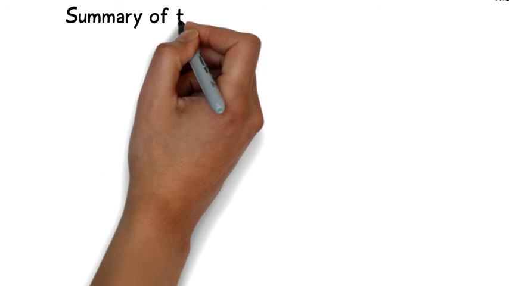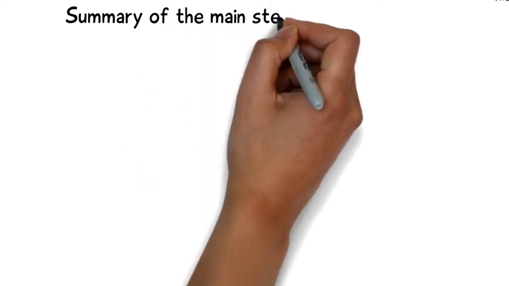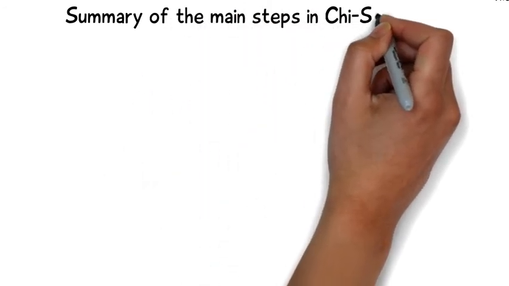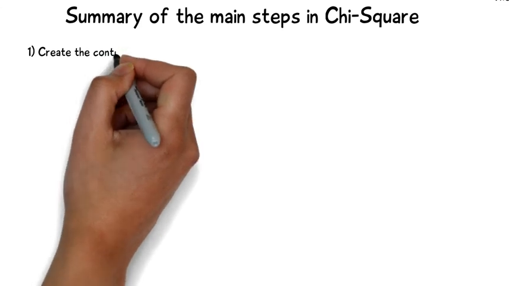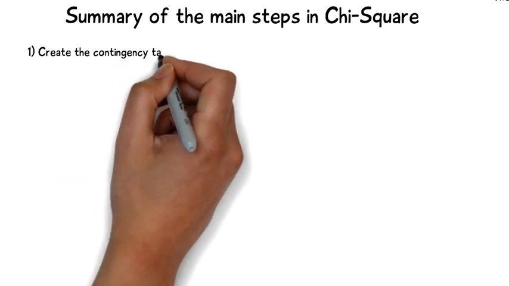Okay, so let's go through a summary of the main steps in our chi-squared test. So those 5 steps I've taken you through. Step 1, you create the contingency table with its totals, subtotals, and grand total.